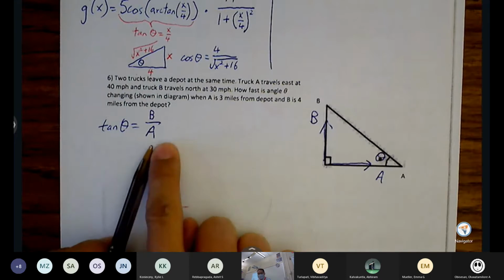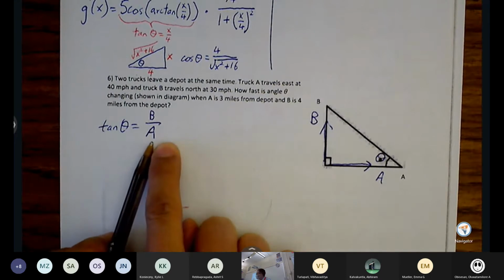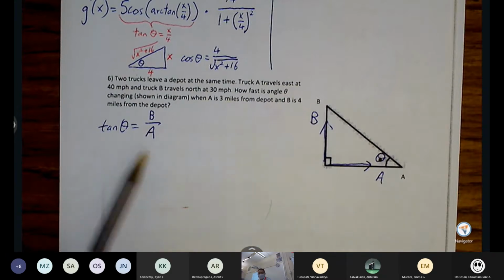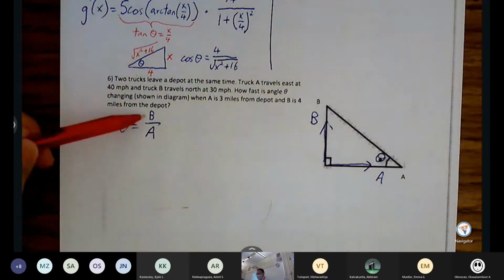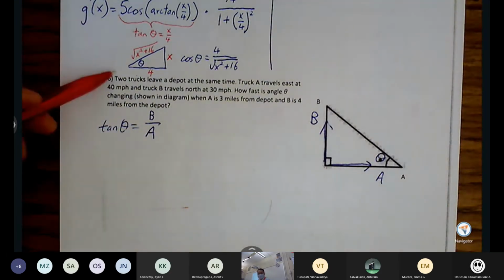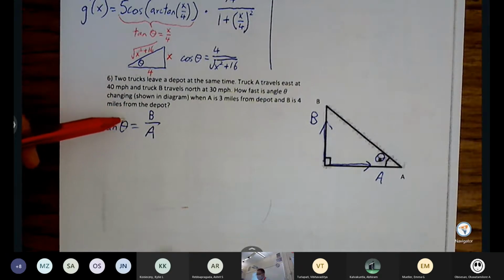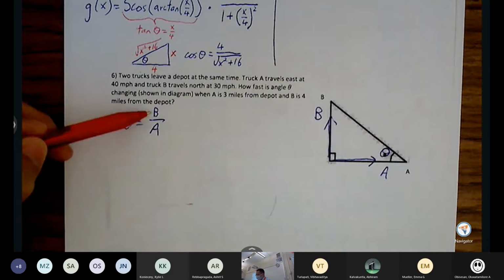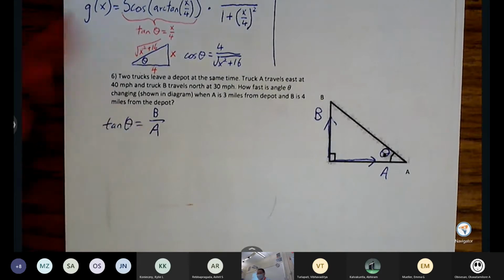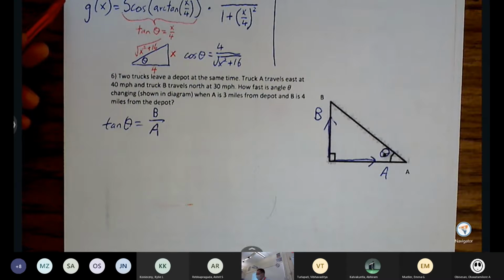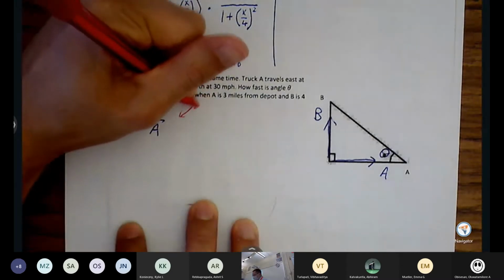But what do you notice about the right side that we have to apply derivative-wise? Not implicit. These are two variables. What happens if you want to find a derivative of a numerator and denominator? Quotient rule.